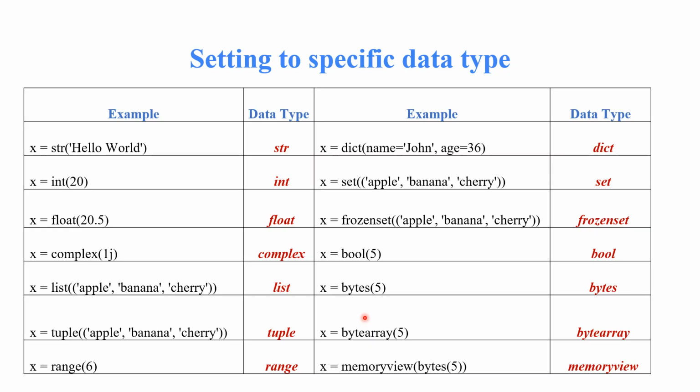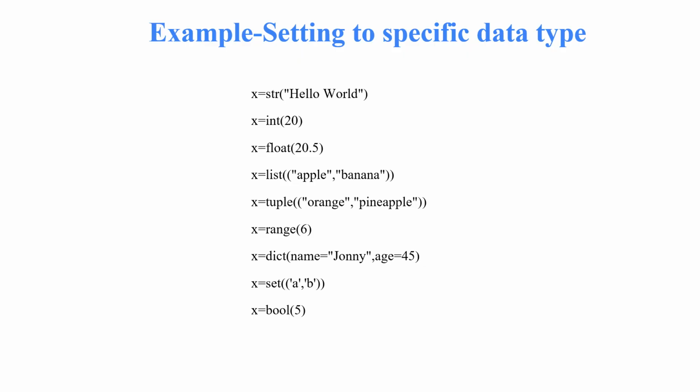Now we'll see a visualization example to understand this in a better way. Whatever we have seen in the last slide, we have made into a program. Here x is taking multiple values: string, integer, float, then the sequence types list and tuple, then the map type, that is dictionary, then the set type, then the boolean type.